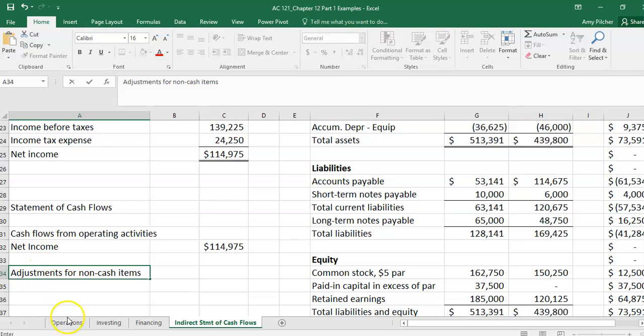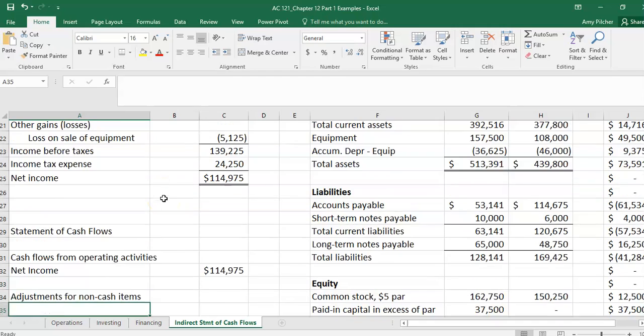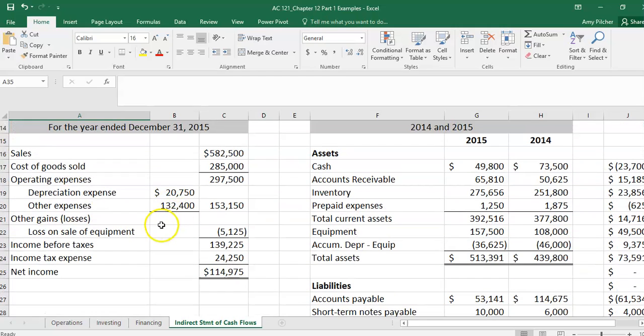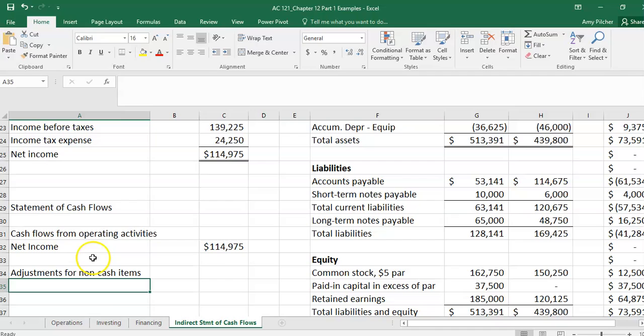Remember, our non-cash items are depreciation expenses and gain or losses. So we get that information off the income statement. We see we have depreciation expense and a loss on sale of equipment. So we add back depreciation expense and losses, and we subtract gains.